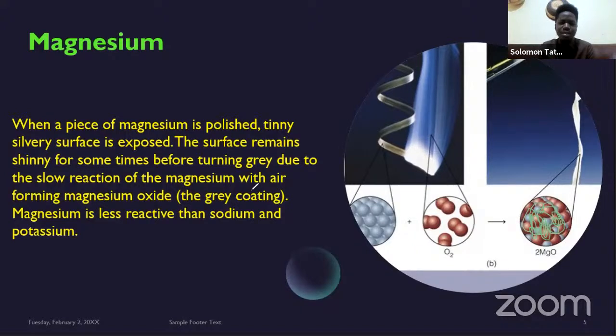It is slow compared to that of sodium and potassium. And this tells us that magnesium is less reactive than these two. Okay. That's the point I want you to take here.